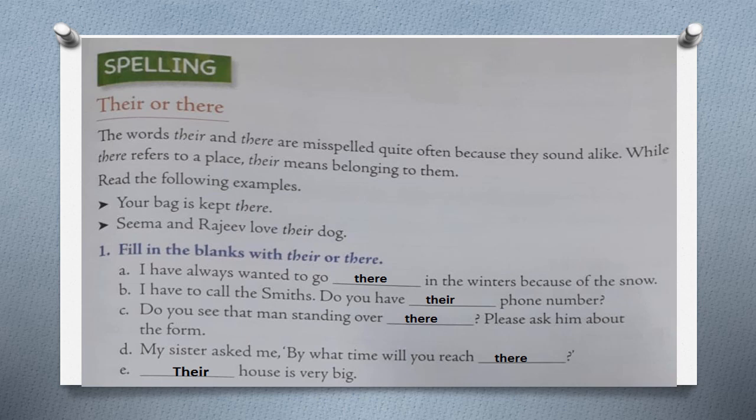So, here we will write T-H-E-R-E because it is denoting the place. By what time will you reach there? See the E part. Dash house is very big. The house belongs to them, so their house, T-H-E-I-R. Their house is very big.